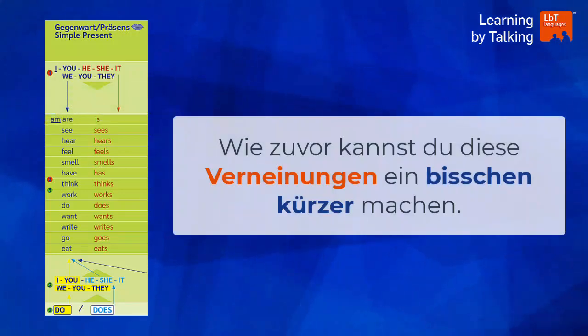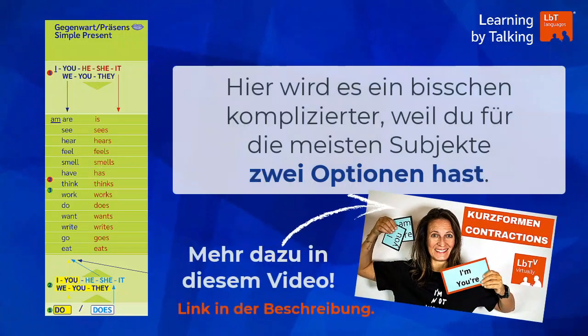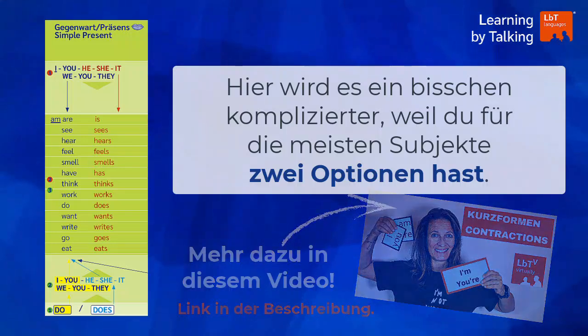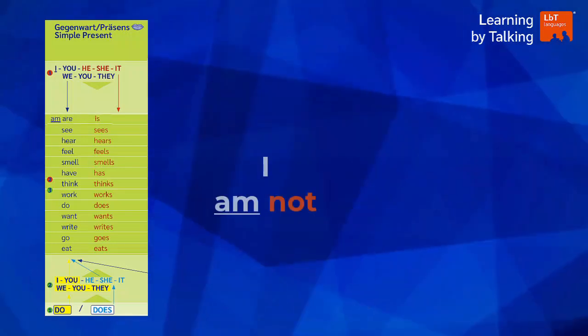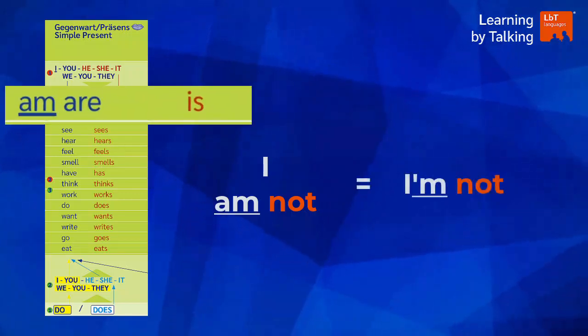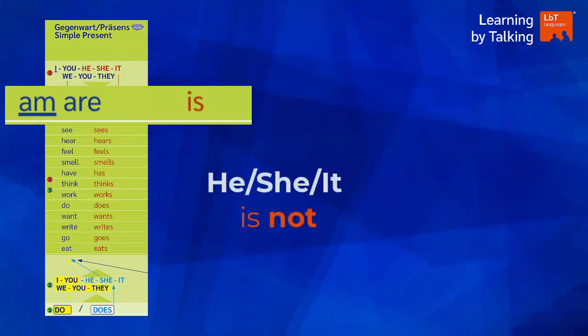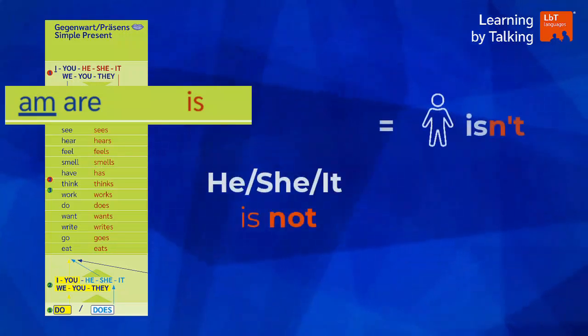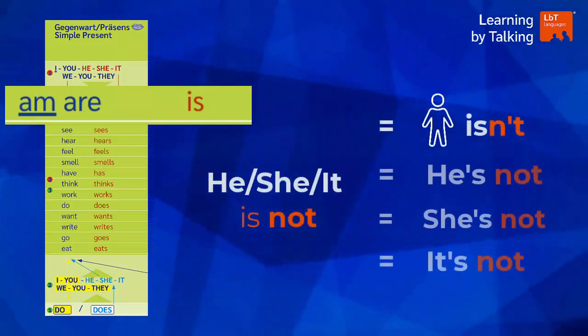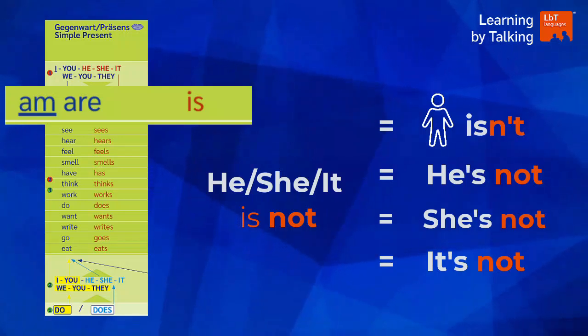Like before, you can make these negatives a little shorter. Here it's a little trickier because for most subjects, you have 2 options. I am not combines I am to be I'm not. He, she, it is not becomes isn't, or it combines the person and thing plus is.